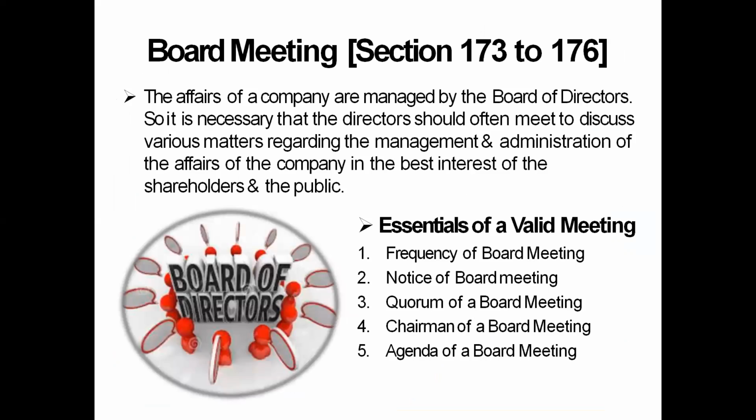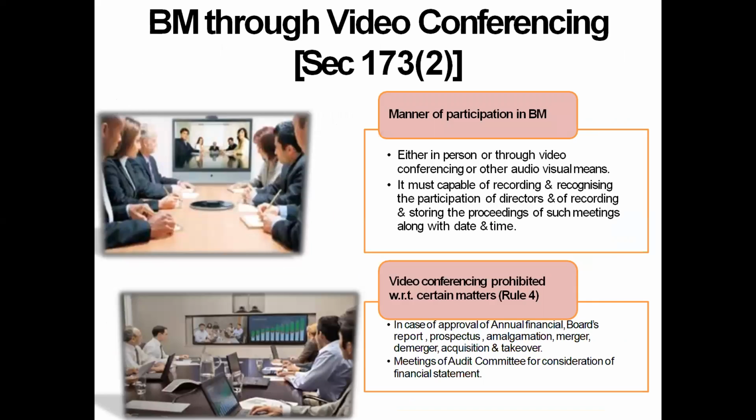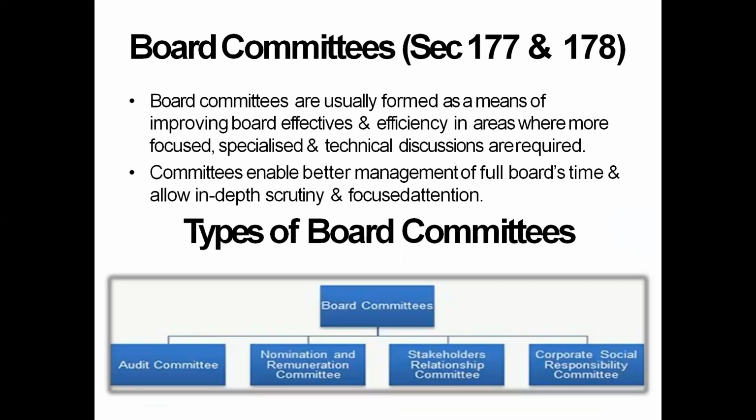consumer welfare committee. Major board committees are audit committee, nomination and remuneration committee, stakeholders relationship committee, corporate social responsibility committee. Board committees, as mentioned under sections 177 and 178, are usually formed as a means of improving board effectiveness and efficiency in areas where more focused and specialized technical discussions are required.